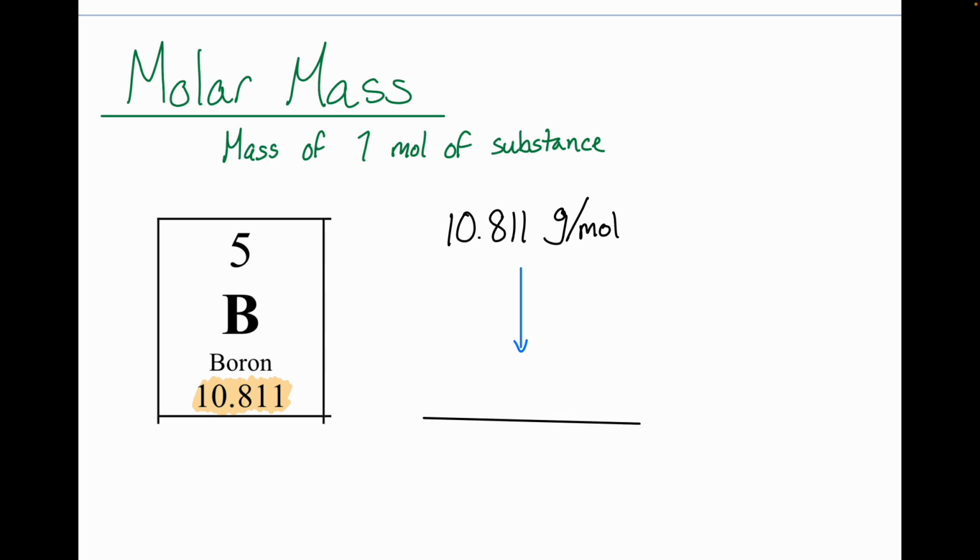So grams per mole, all written in one line, is the same thing as grams over moles as a fraction. In particular with this value, this means that there are 10.811 grams in 1 mole of boron.